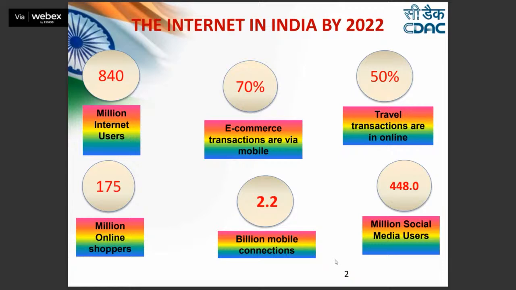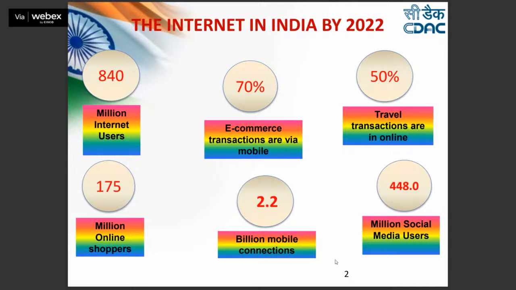And then in the third point, you can see that 50% of travel transactions are done online, because nowadays we all have mobile phones, laptops, and desktops, so we mostly prefer to book our travel through online mode.